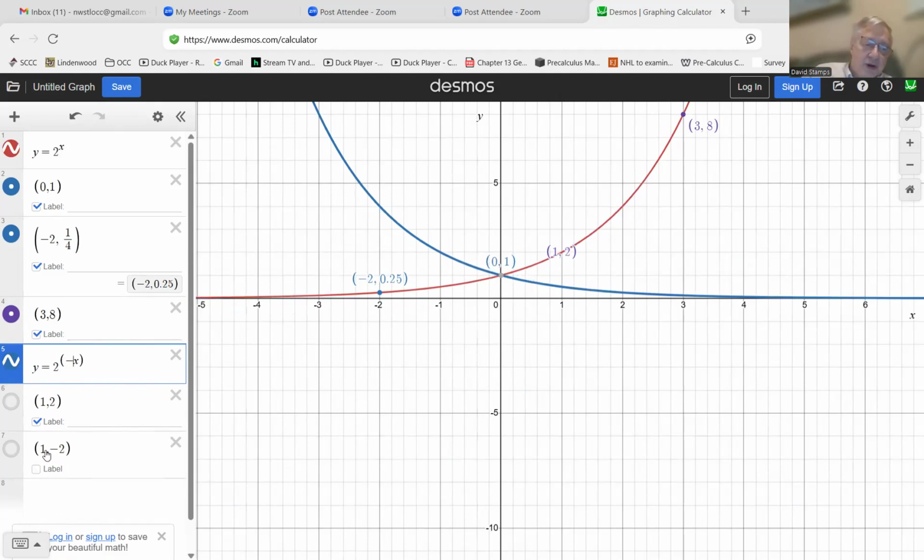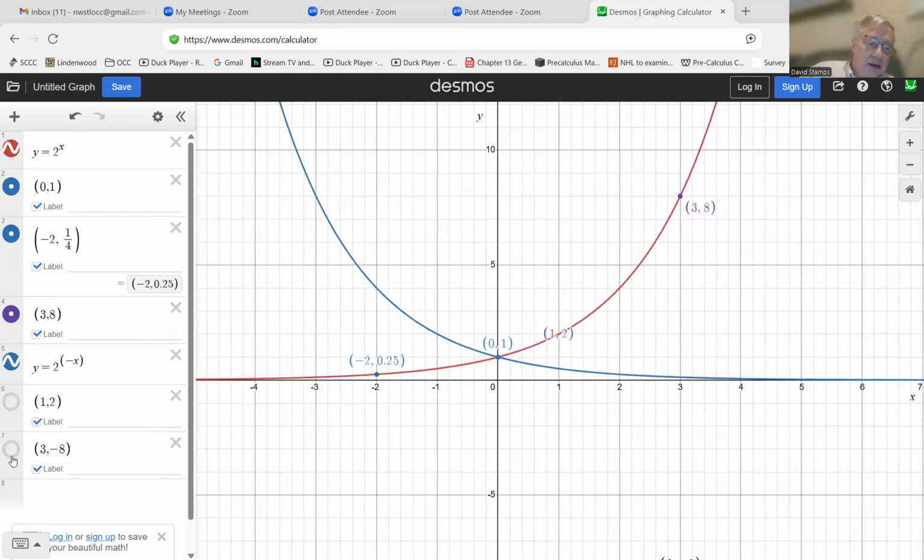So let me put that point in there. 3 comma negative 8 is now, oh, I'm sorry, it's negative 3, 8. There it is. So by multiplying x by a negative, this point moved over to here, and you can see you've got something that is completely flipped around the y-axis.